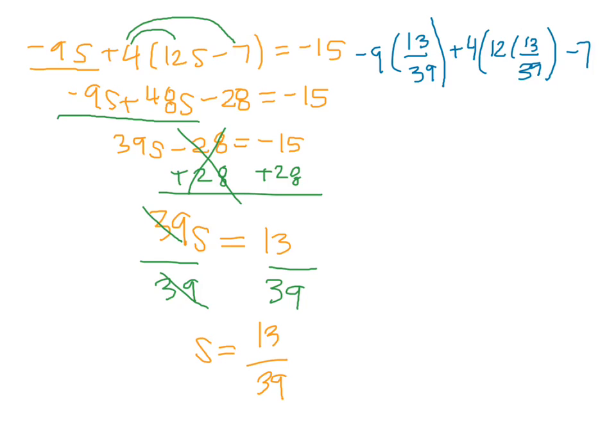So I'll grab my calculator and first we will work inside the parentheses. So 12 times 13 gives me 156 over 39 minus 7.